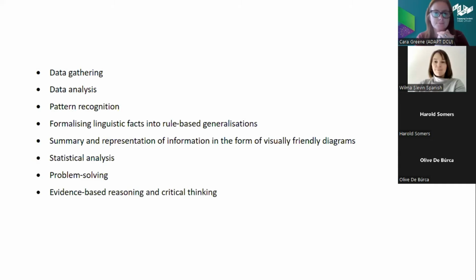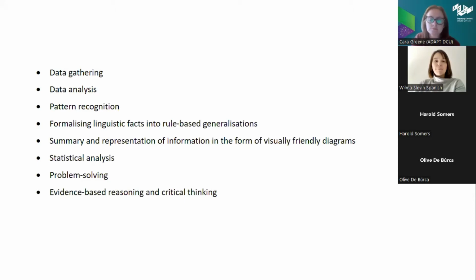Yeah. So apart from these general advantages, the study of linguistics also develops students' very specific skills. If you can see here, the first one that I mentioned is data gathering. When you look at other science subjects, such as biology, chemistry, physics, often you need some very complex experimental setups.